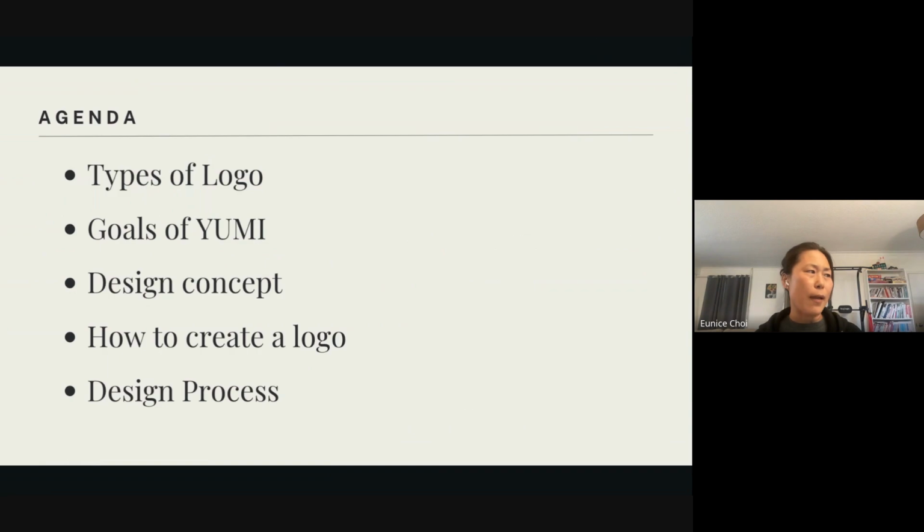And then after that, we get into what's the real goal of Yumi, and what it can represent through the logo design. Then we talked about design concepts and how we should proceed with this whole project, based on the goals of the Yumi website and the types of logos out there, and what would be suitable for this project.